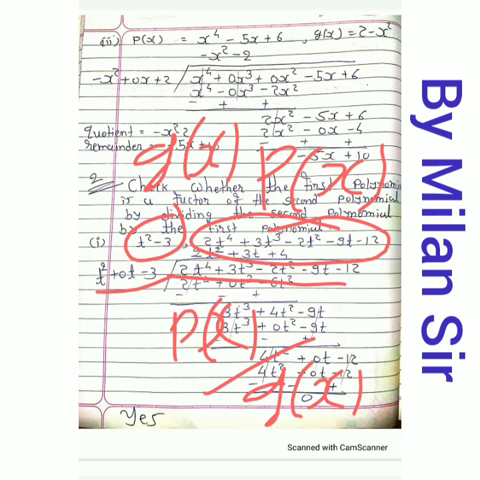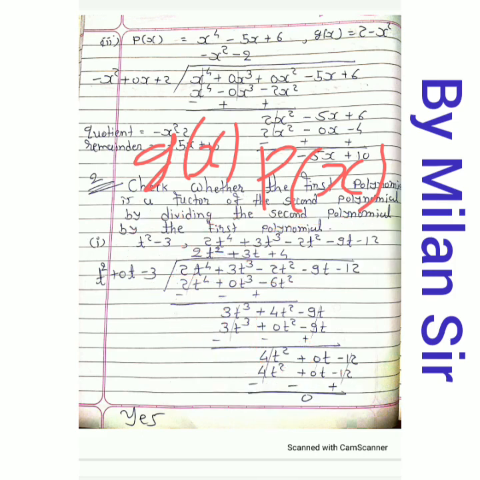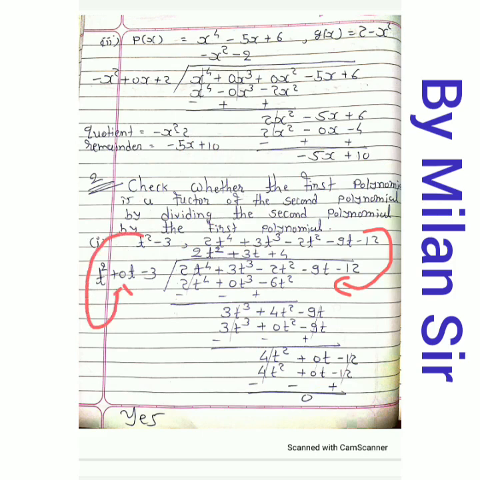The first polynomial is in the division, so we give g of x to it, and the numerator, that means the second polynomial, we name p of x. So write down the second polynomial here and the first polynomial as the divisor.